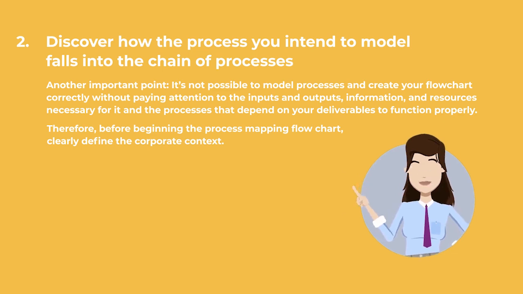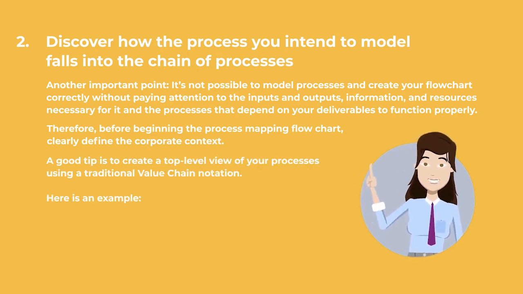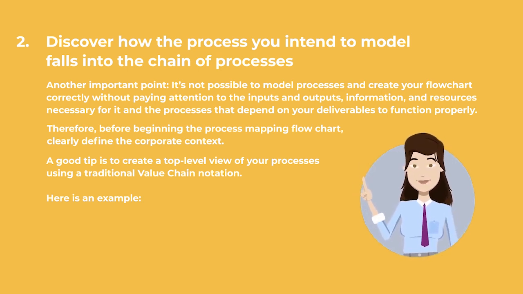Therefore, before beginning the process mapping flowchart, clearly define the corporate context. A good tip is to create a top-level view of your process using a traditional value chain notation. Here is an example.